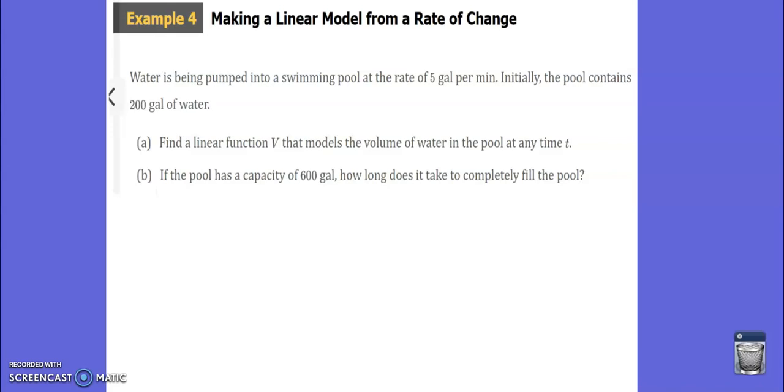So here, notice the water is being pumped at the rate of 5 gallons per minute. Initially the pool contains 200 gallons of water. This is important. If you keep thinking of y equals mx plus b, the m is your slope or your average rate of change, and your b is your y-intercept, your starting spot.